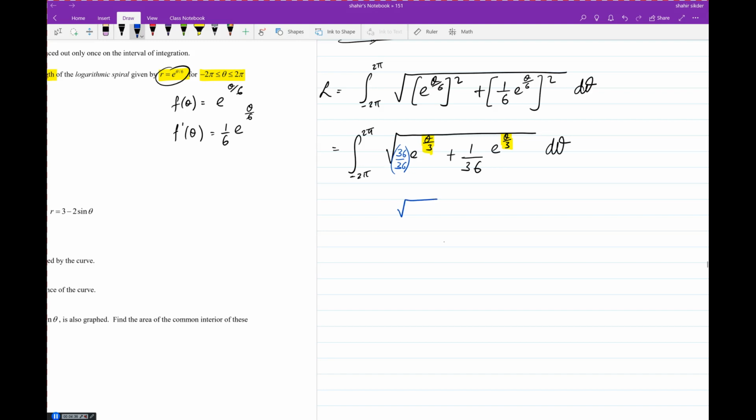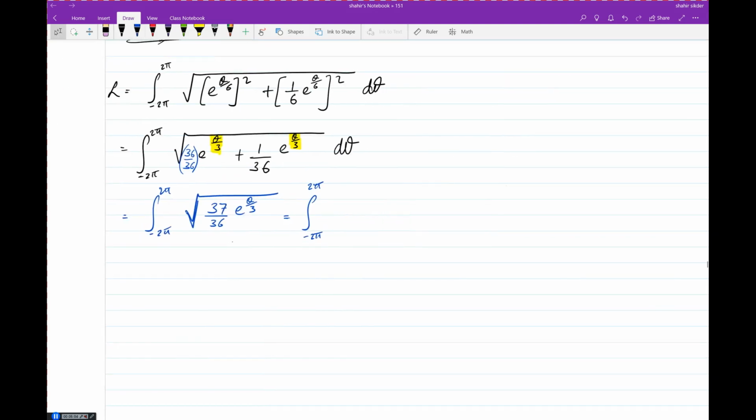So the square root of 37 e to the theta over 3, all over 36, integrated from negative 2 pi to positive 2 pi. Here's my arc length. Notice square root of 37 over 6 is just a constant, and we can always rewrite it with the constants outside, just to make the problem less complicated.